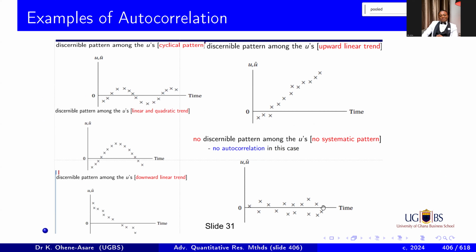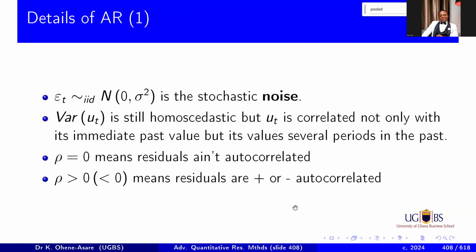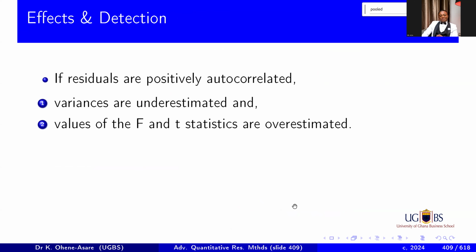You can see that they are randomly, don't forget, randomly, not a pattern, not a trend. It must be random. They must be randomly scattered around the 0. And you can see that on the positive side, they are all up and down the 0. Okay. And that is a clear indication that there is no autocorrelation.